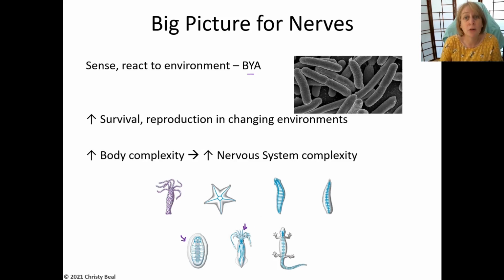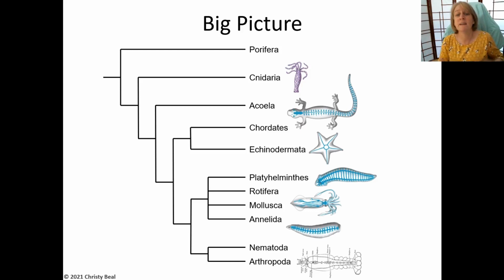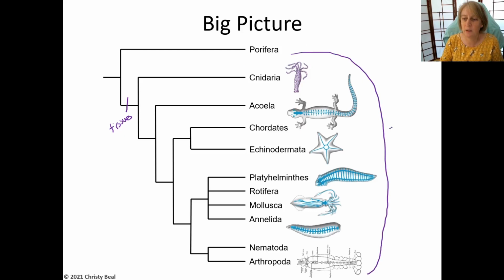So these nervous systems become more complex and more expensive energy-wise as the organism evolves to live in a more dynamic, complex environment. Now here, I don't have any porifera because this here is the evolution of tissues. These are the Eumetazoa.